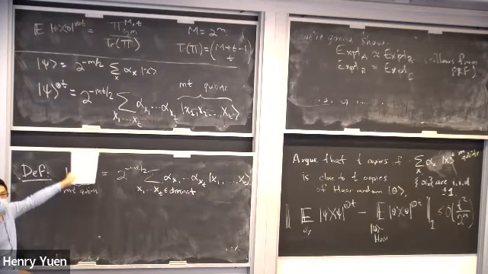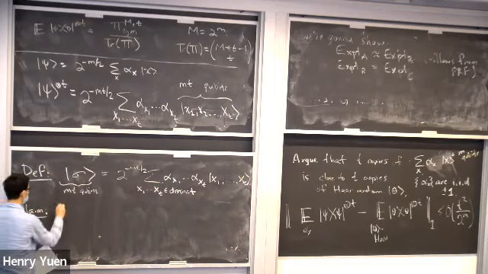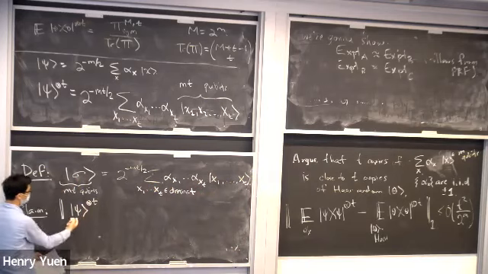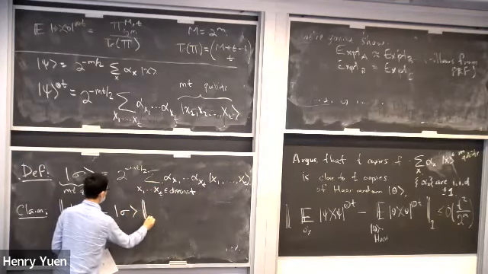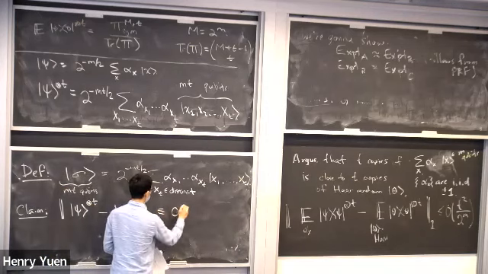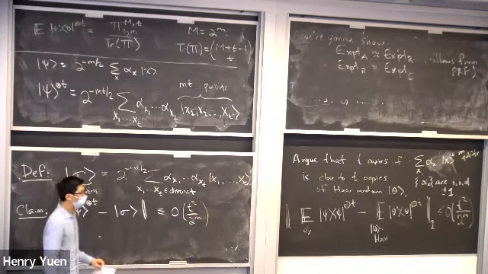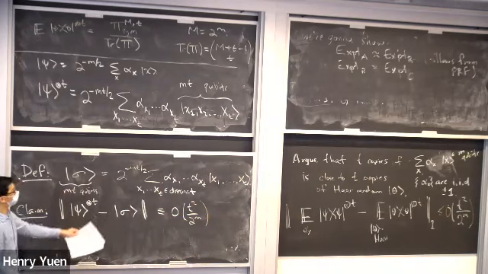And the claim is that these states are not too far from each other. If you look at the distance between these two vectors, where we take t copies of psi minus this new state, in Euclidean norm, this is not very far. This is an exercise, but really this is just a probability exercise.